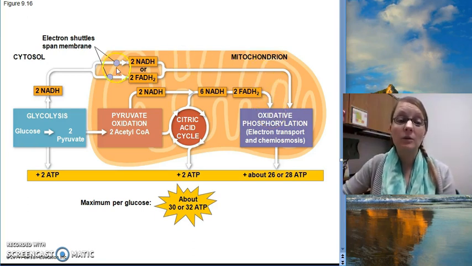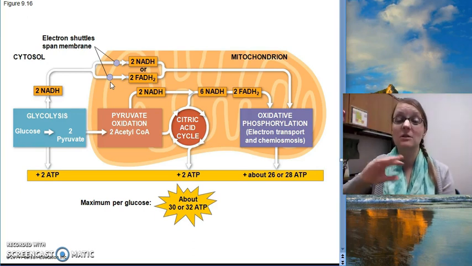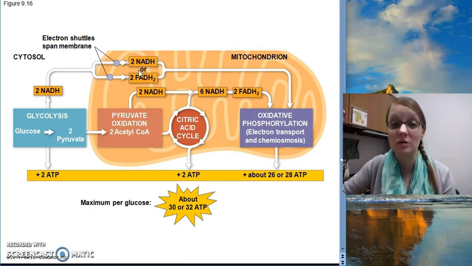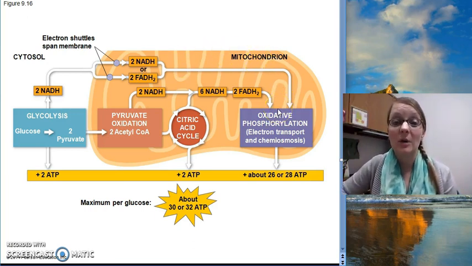Well, there are going to be electron shuttles that help to pass the electrons from one electron carrier to the next across the membrane. So for example, the NADH here from glycolysis will come over and drop off the electrons that it's carrying to those electron shuttles. And the electron shuttles will then pass them on to new electron carriers inside of the mitochondria that can then easily pass them on to the process of oxidative phosphorylation.